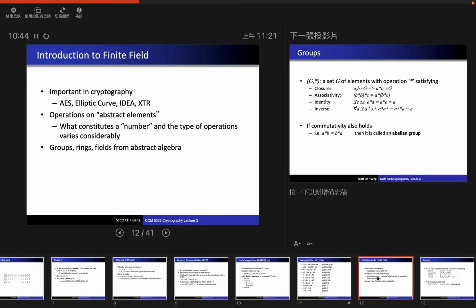So in order to introduce the full concept of finite fields, we have to introduce groups first. So first groups, then rings, then fields. Because for fields we need 4 operations. For rings we need 3 operations.